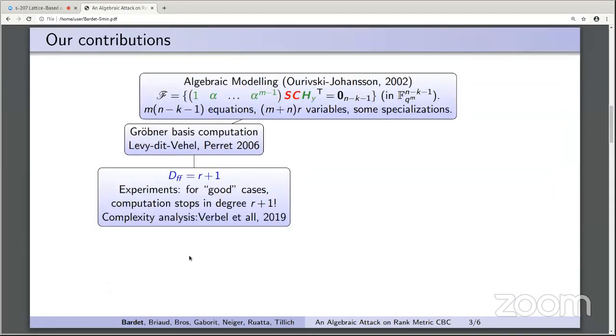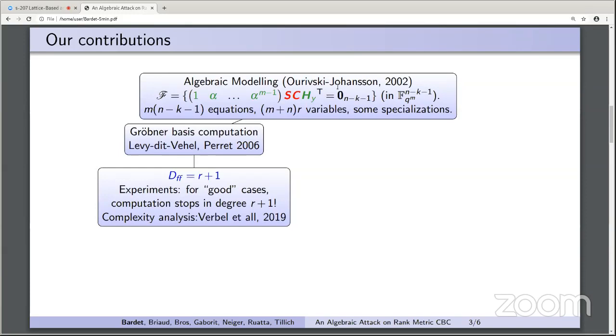So I will try to summarize our results. We started from the algebraic modeling from Ourivski and Johansson in 2002. So they wrote an algebraic system. I will not detail here where it comes from, but the green parts are known values. There are matrices, and S and C are two matrices whose coefficients are the unknowns, the variables of the system.